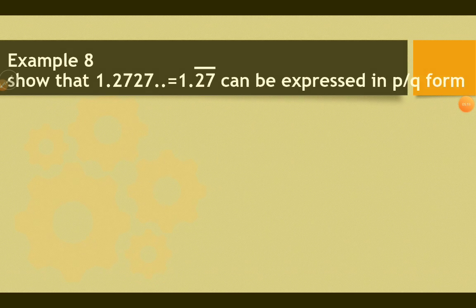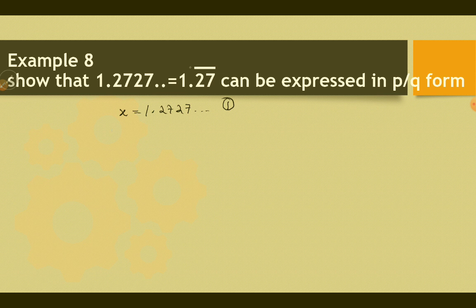Example number 8. Show that 1.2727, that is 1.27 bar, can be expressed in p by q form. So x is equal to 1.2727, equation number 1.